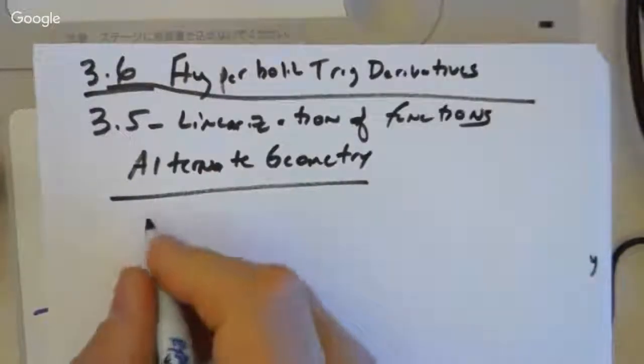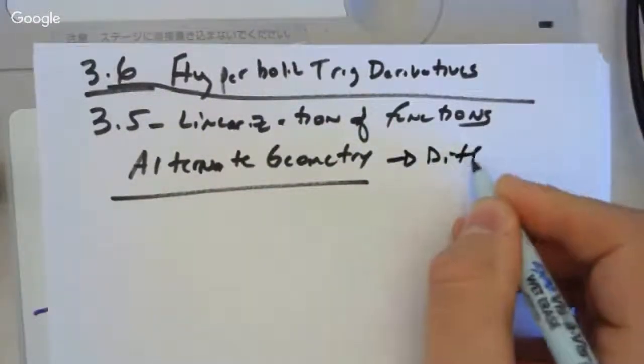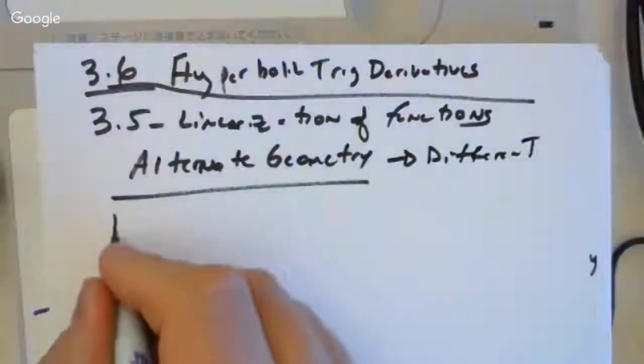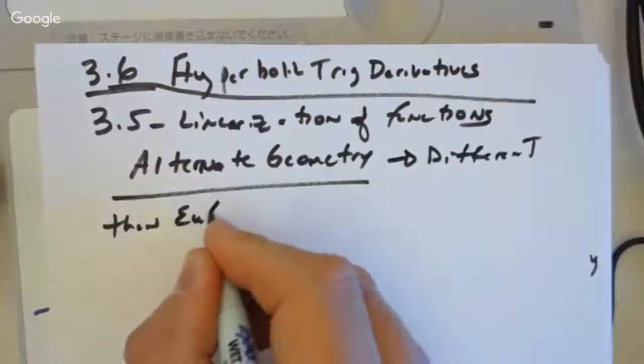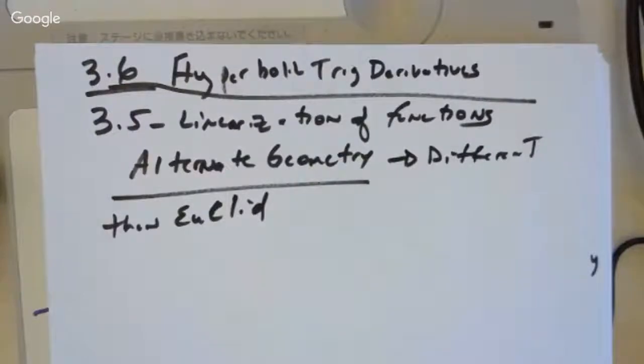So Amelia, give me just a minute. An alternate geometry is, we talk about different than Euclid's, because I'll forget what I was going to say. All the geometry you did when you were in geometry was just Euclid. That was that guy. But he's the one that wrote the rules on it.